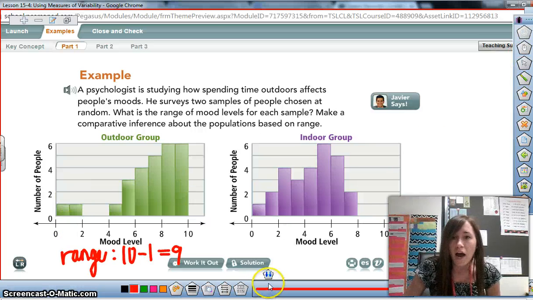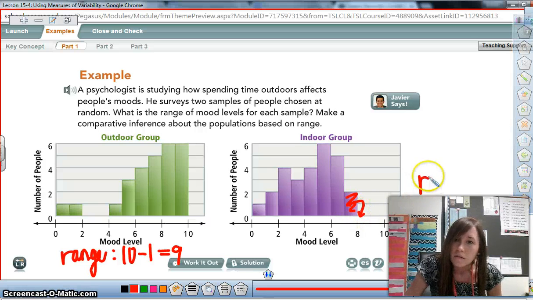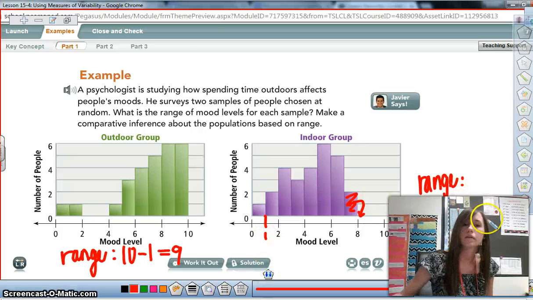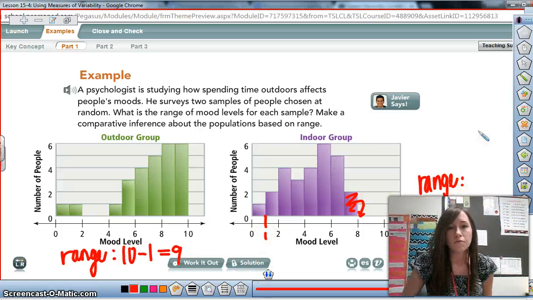And on this one, the highest mood level rating was an 8. This bar goes with 8, minus the lowest mood level rating, which was again a 1. So for the outdoor group, our mood levels ranged 9, all the way from 10 down to 1.